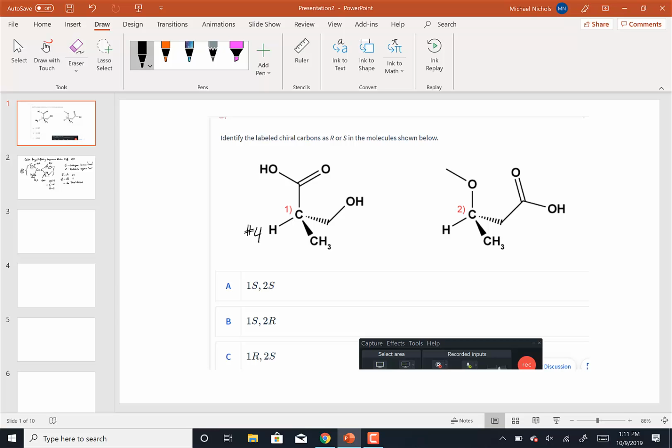And don't make the mistake I made this morning of forgetting about this CH2 that is there. Because when I looked at this quickly this morning, I thought the oxygen was directly attached to the chiral center. It is not. Okay?